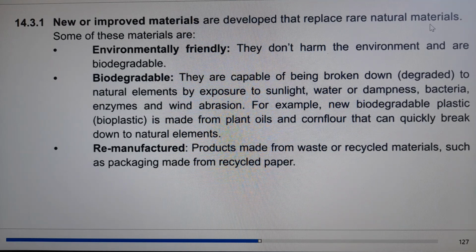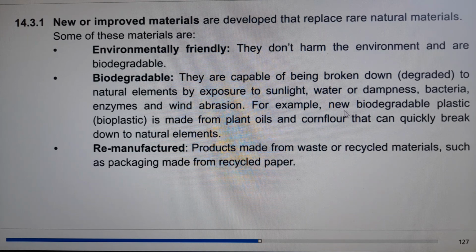replace rare natural materials, and some of these materials are environmental friendly. We know what it means now. They don't harm the environment and are biodegradable. And we have biodegradable. They are capable of being broken down to natural elements by exposure to sunlight, water, or dampness, bacteria, enzymes, and wind abrasion.